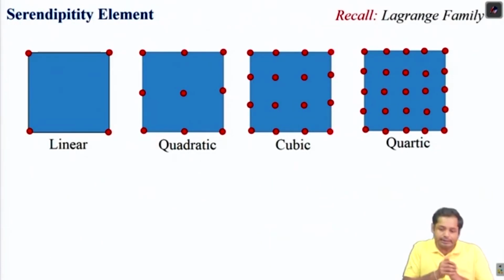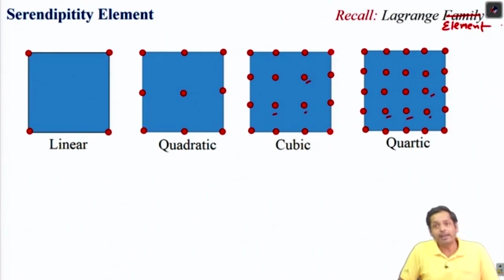Now, look at one important thing in these elements: we have these intermediate nodes within the element. Now we will talk about another class of element, which is called the serendipity element. This is the Lagrange element, the Lagrange family.